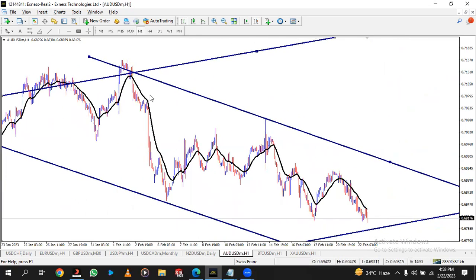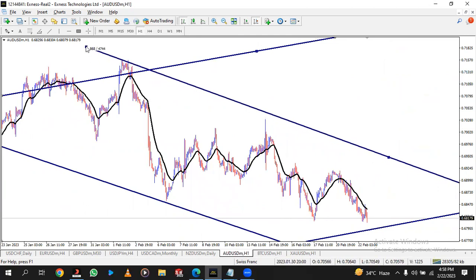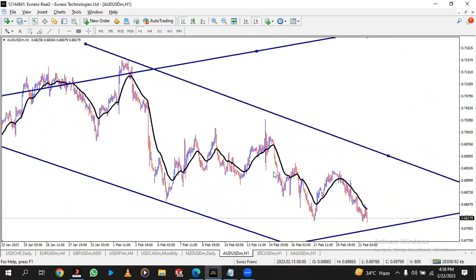Now, that small space that started from the top in the daily time frame, this is what we have here. This is it here. Now, what am I looking for? I'm looking for areas to join the market from the 1 hour time frame. Now, I know that the market did this.